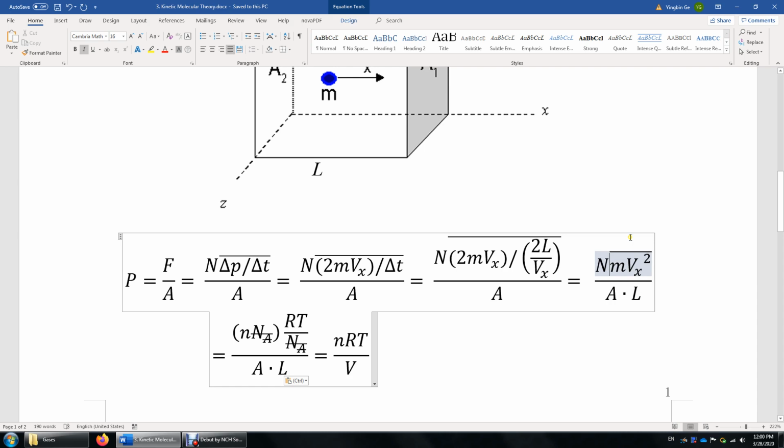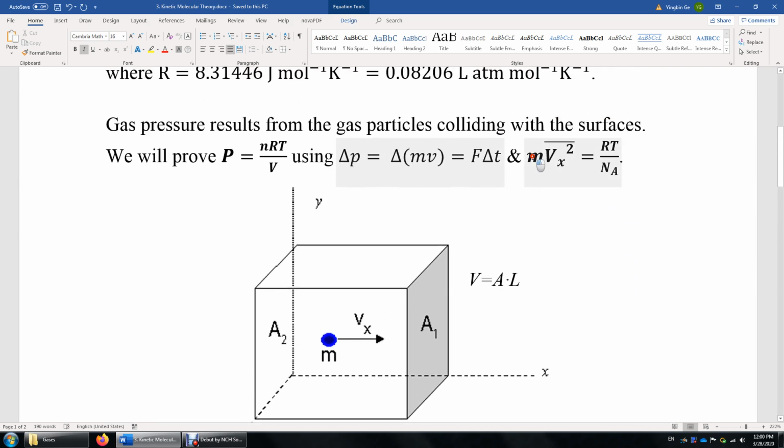So now let's get back to this second equation I showed you. This equation, we cannot prove until after taking physical chemistry.